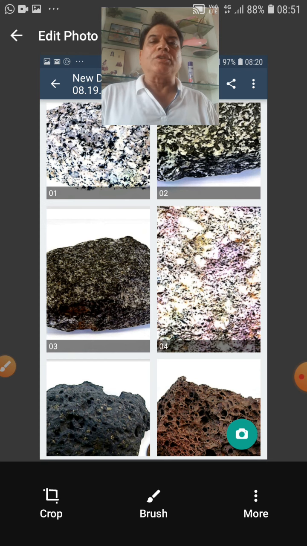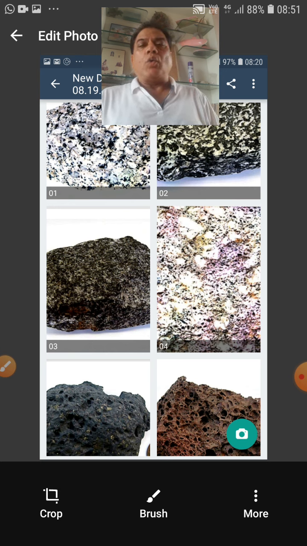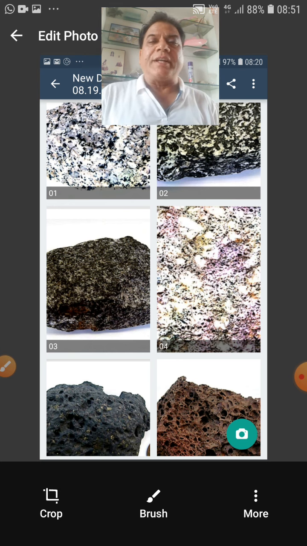Third, where the crystals have grown better in one direction, that is columnar, for example hornblende. On that basis the crystals or minerals are classified, and the combination of the two, that is size and shape, further gives the textural terms.